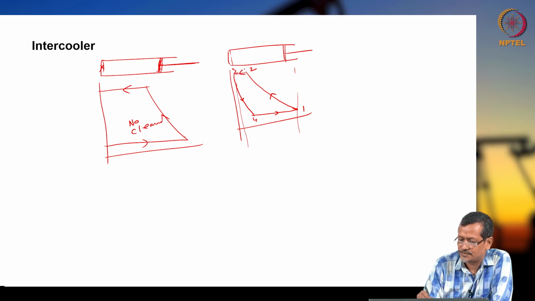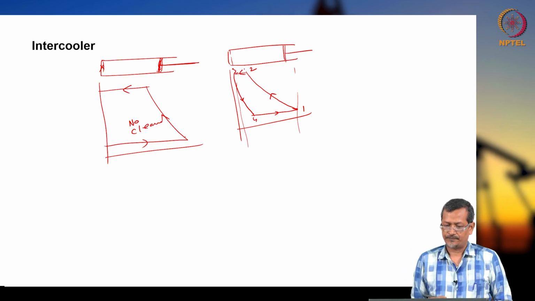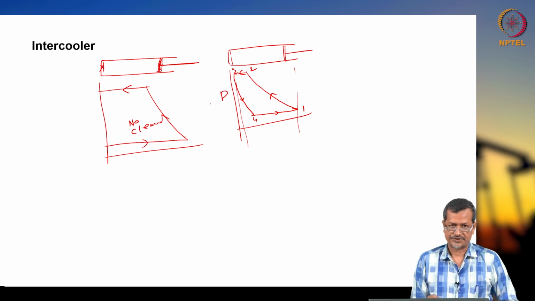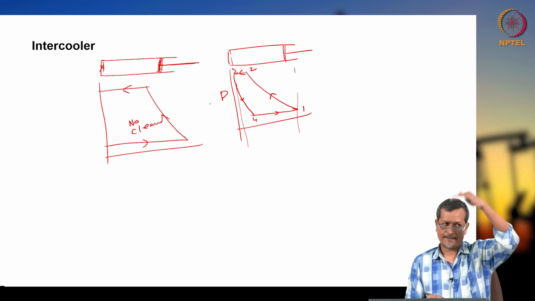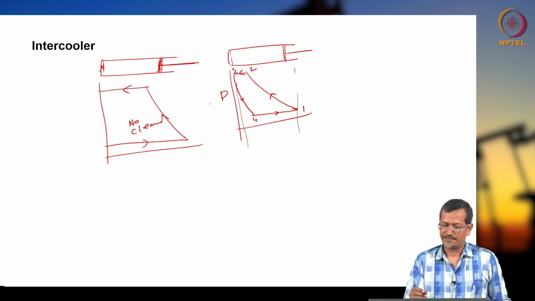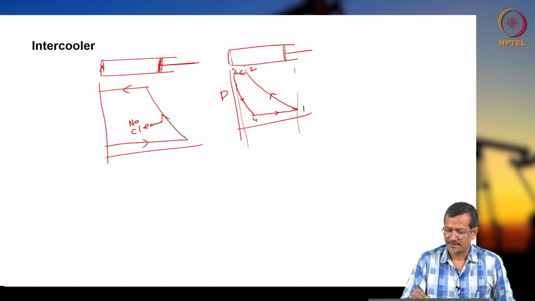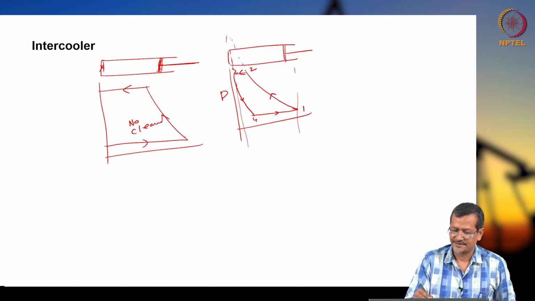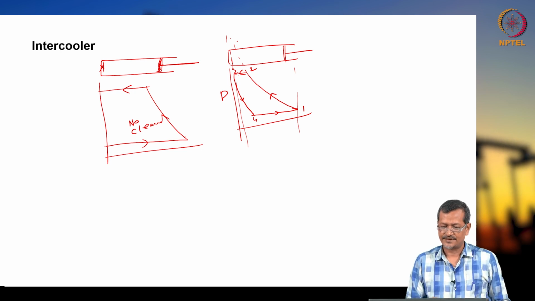This cycle will be like this. Now if you want very high pressure, P will be going up. So when P is going up, let us say I make it like this.